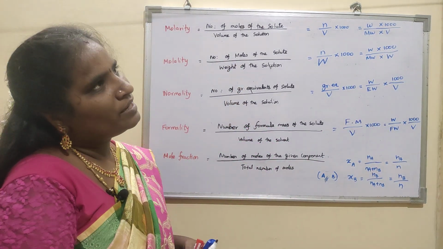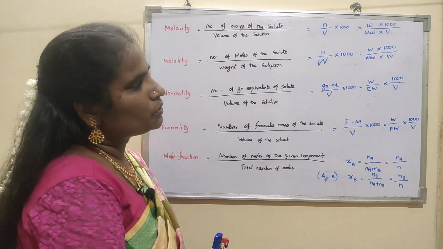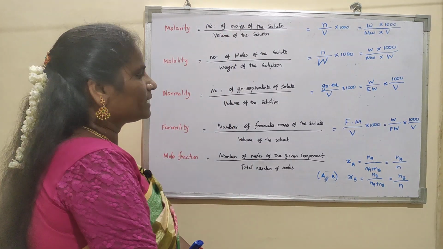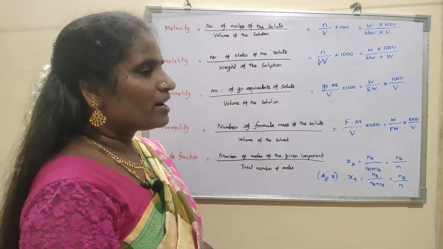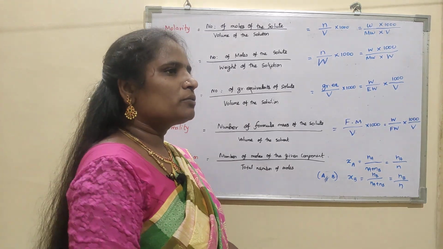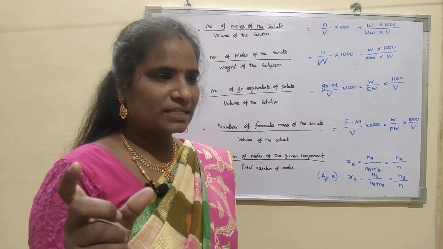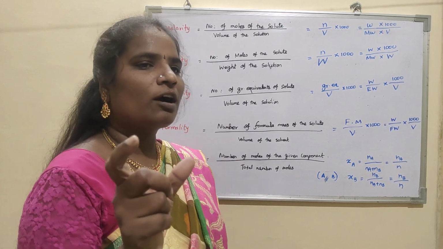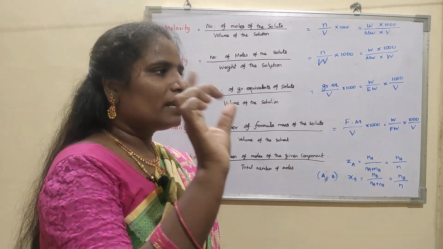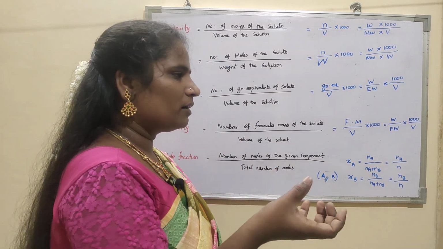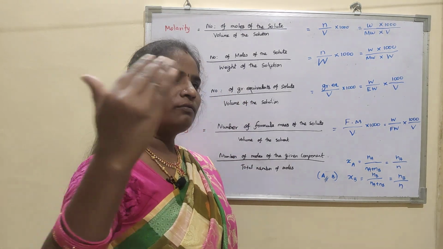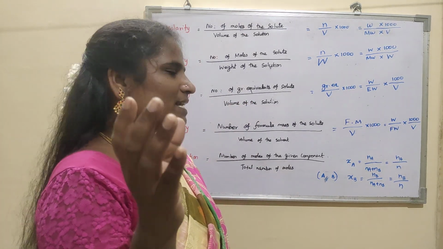Formality we generally don't use, because formality is a little bit similar to molarity or normality. For ionic compounds, there are multiple unit cells, so we don't take 1 mole; we take one formula weight, like how many formula units of the ionic compound are present. For example, NaCl has many repeating units in the crystal lattice, right?